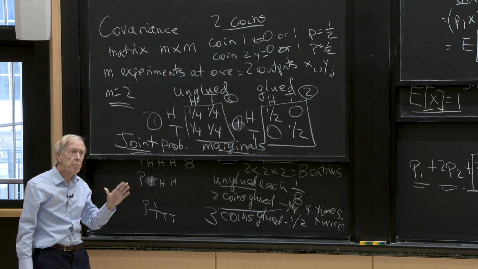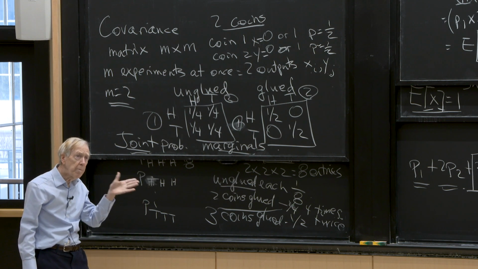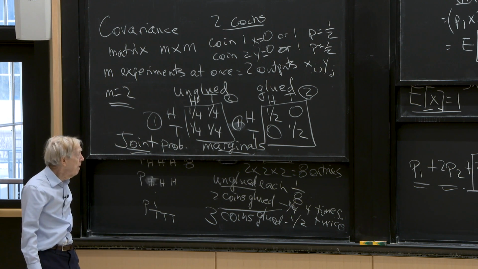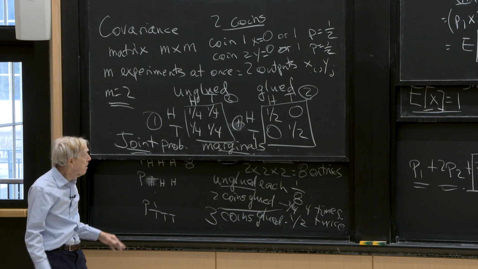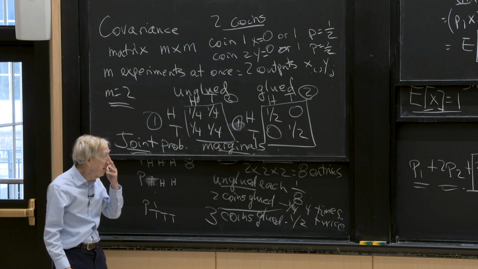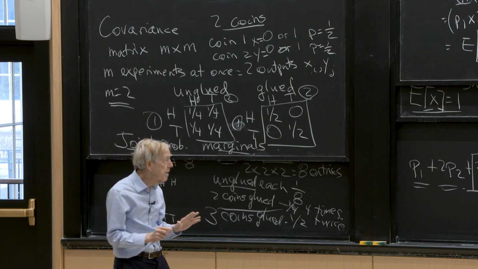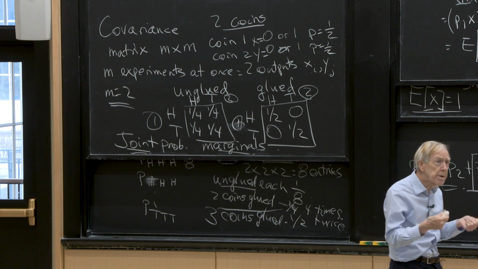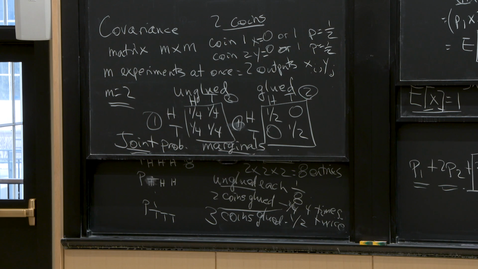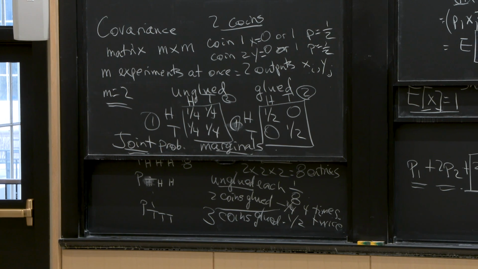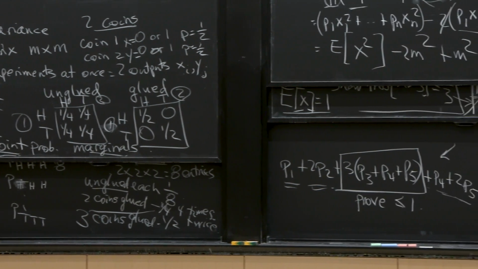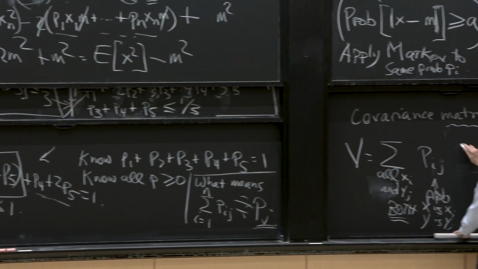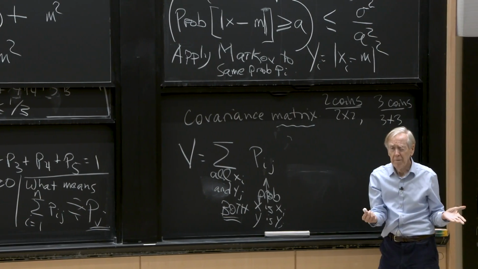So the marginals would be the individual probabilities, Pi and Pj, in the case of two experiments going on at the same time. It's just like new ideas. Everything today has been sort of straightforward, but it's different. Okay, now I'm going to complete the definition of this covariance matrix. I want to have a square.